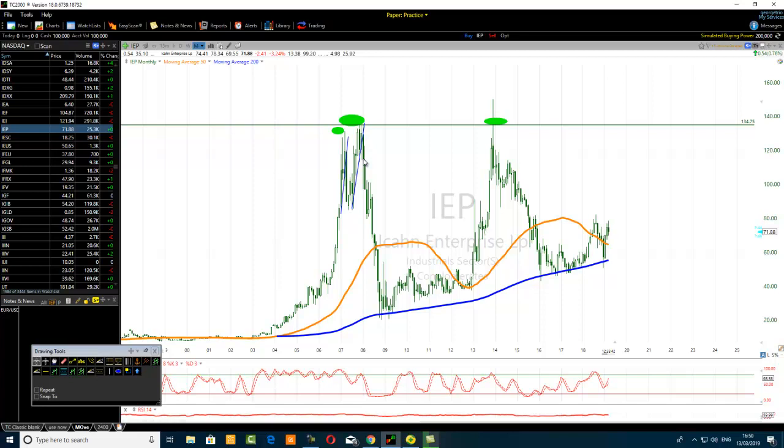It signifies that this resistance in this zone before is now confirmed for the second time as a resistance level. That's the first meaning of a double top, which is a validation of a price level as a resistance. Look again, the price came back to the same zone. So we have a valid resistance in place.